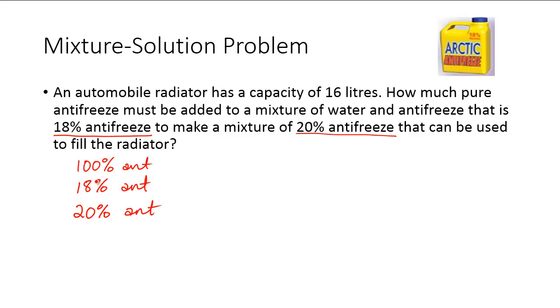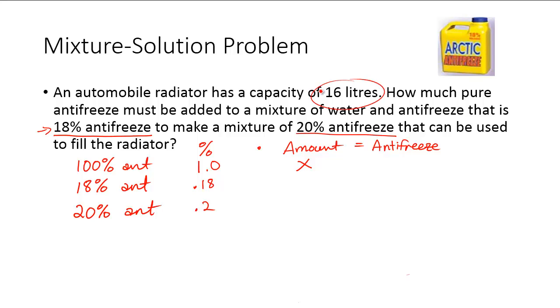So you're trying to strengthen the antifreeze that you already have. So we want our percentage multiplied by our amount of the stuff to give us the antifreeze that we have. The percentage for 100 is 1 as a decimal, and the other ones are clear. They're saying how much of this, we don't know it, so we call it X, added to 18% to make 20%.